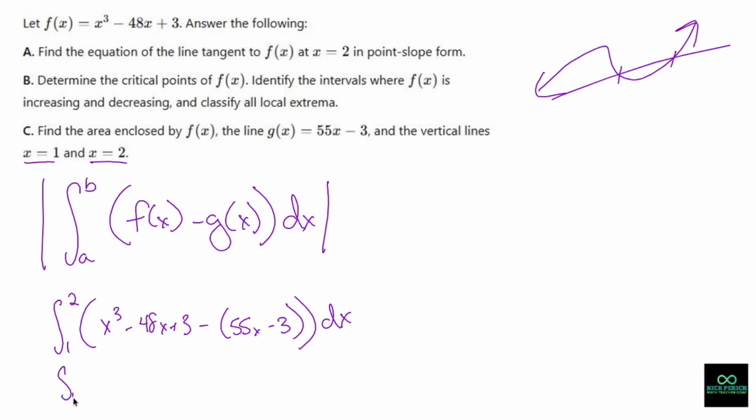So that turns into the integral from 1 to 2 of x cubed, negative 48 minus 55x is going to be negative 103x. 3 plus 3 is 6.